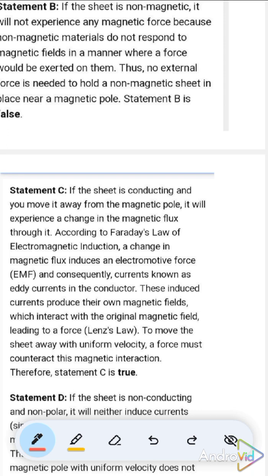These induced currents produce their own magnetic fields which interact with the original magnetic field, leading to a force, which is nothing but the statement of Lenz's law. To move the sheet away with uniform velocity, a force must counteract this magnetic interaction, and hence statement C is also correct.